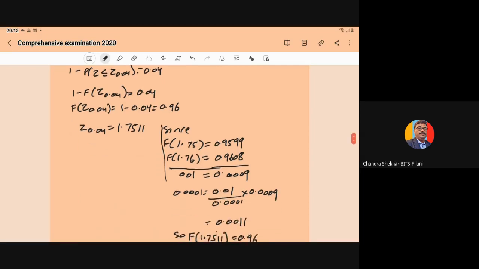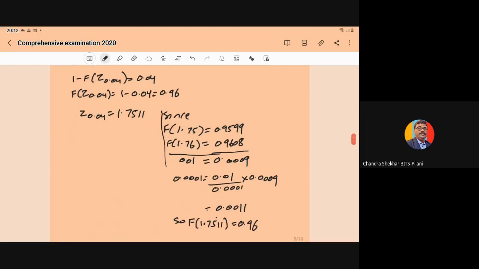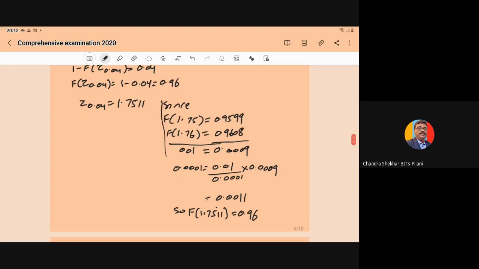See, the direct value is not given in the table, so we can do the interpolation. In the table, we have the value of the CDF at 1.75 as 0.9599 and at 1.76 as 0.9608. So we require 0.96. From the left side, the difference will be 0.01. On the right hand side, the difference is 0.0009.